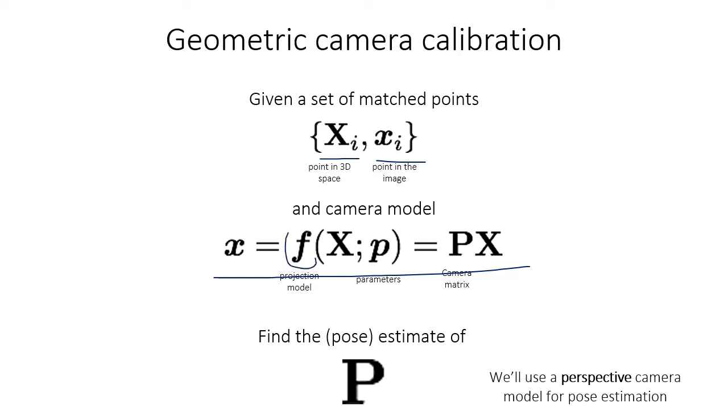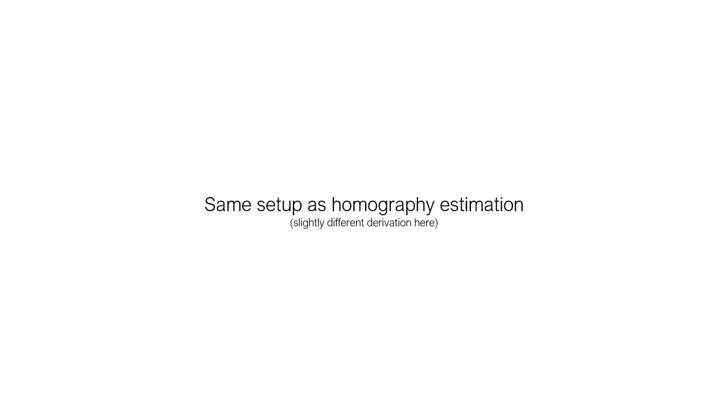The projection model is x = PX, where the camera matrix P is multiplied by the 3D point X. So the goal of geometric camera calibration is to find an estimate of this camera matrix P. We use a perspective camera model for pose estimation.